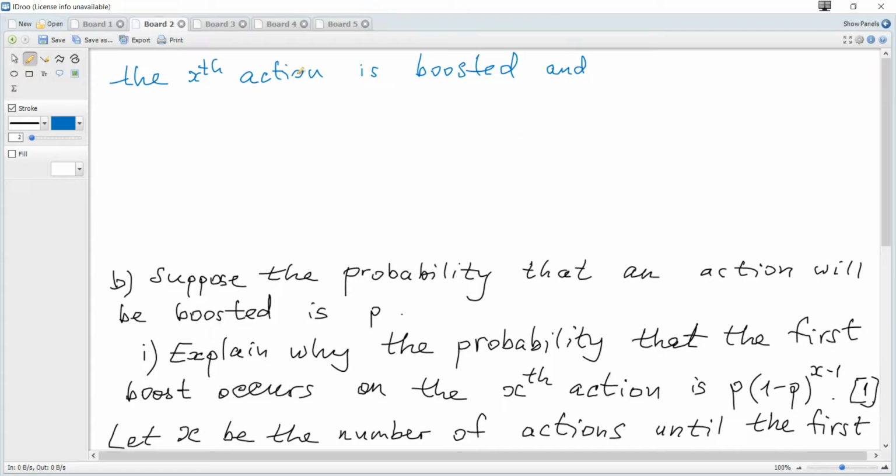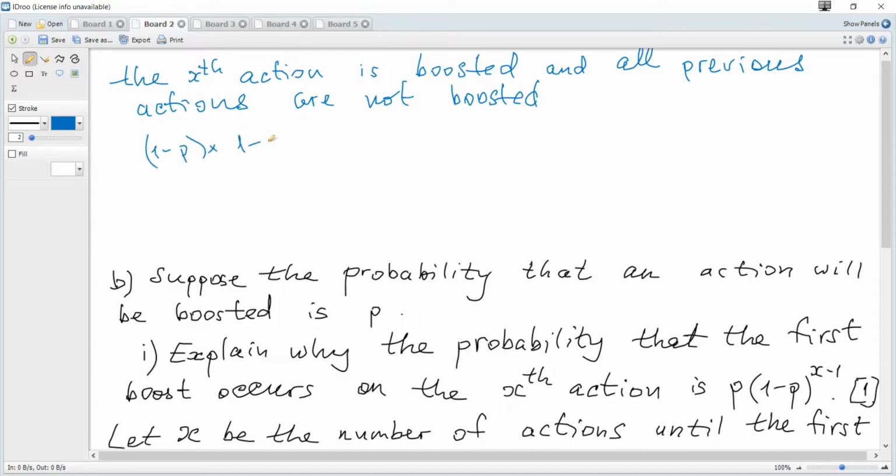Since the first boost occurs on the x trial in general, it means that the x action is boosted, and all previous actions are not boosted, and the corresponding probability becomes what? 1 minus p.